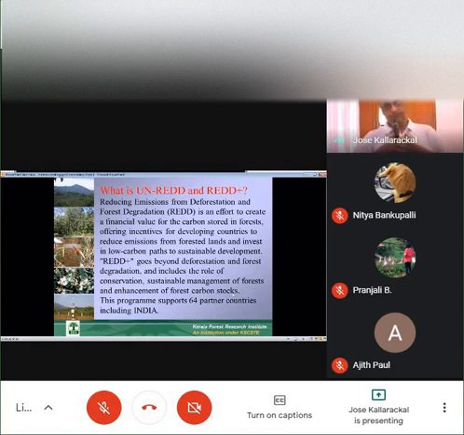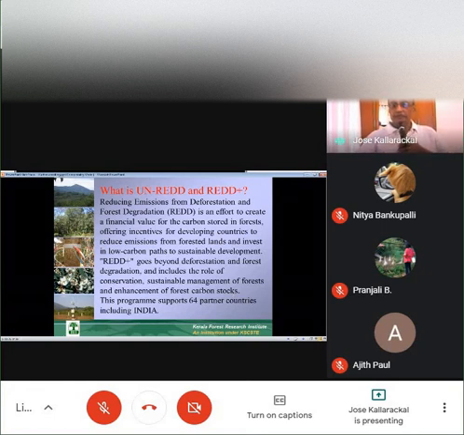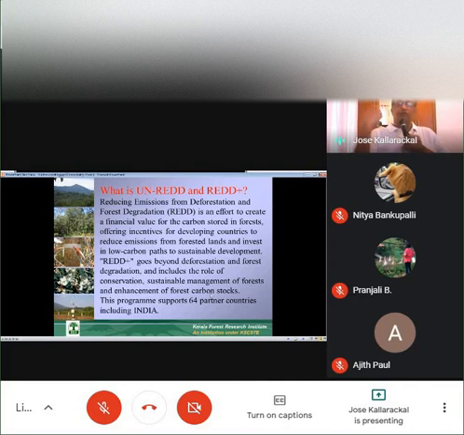Now, RED Plus goes even beyond that. What is going beyond that? Includes the role of conservation, sustainable management of forests, and enhancement of forest carbon stocks.